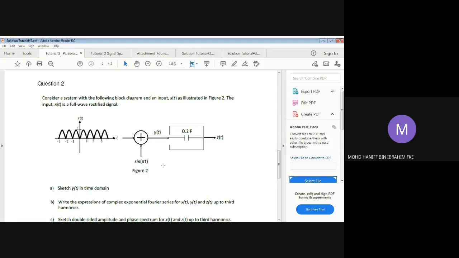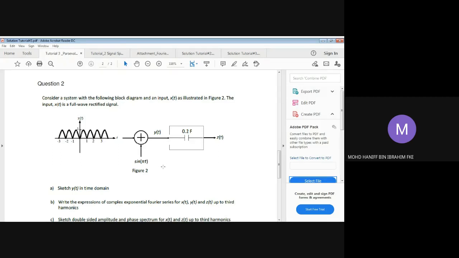Sine pi t has an amplitude of 1, in which the sine function fluctuates from -1 to +1. The period for sine pi t should be equal to 2, because omega equals pi.